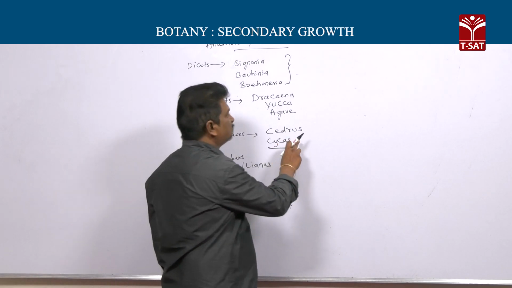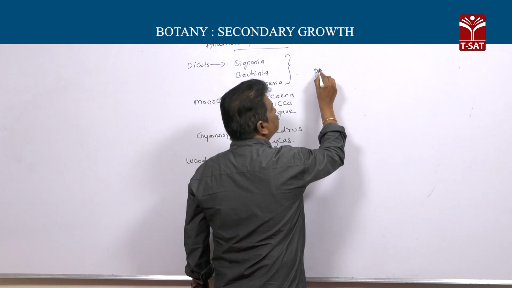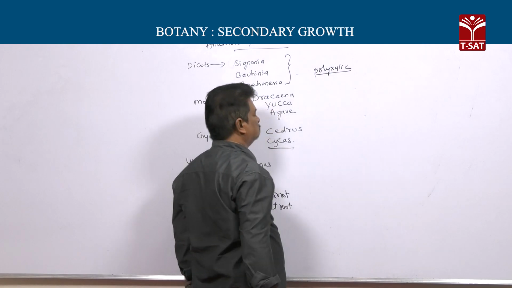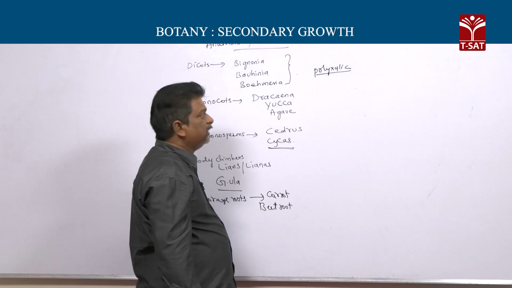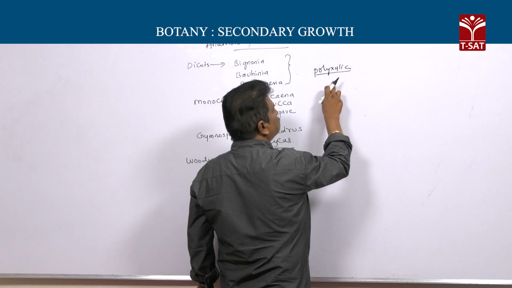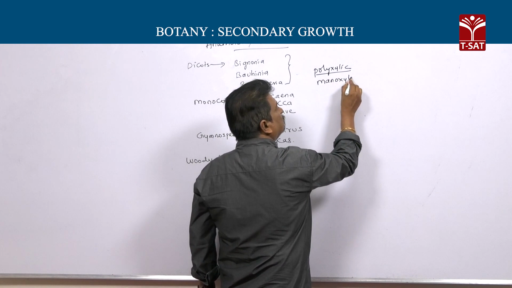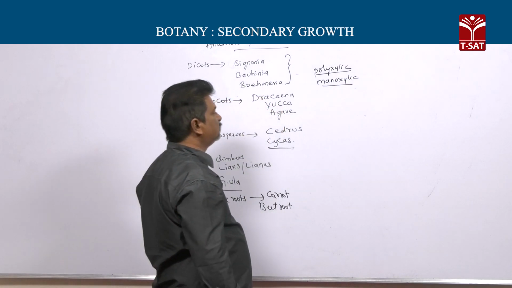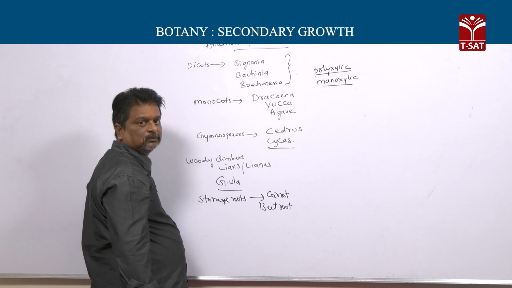So many rings of vascular cambium are formed, so many rings of xylem are formed. That is called polyxylic. And generally, this xylem contains a large amount of parenchyma. So that xylem is soft, called polyxylic, and monoxylic in a Cycas stem.